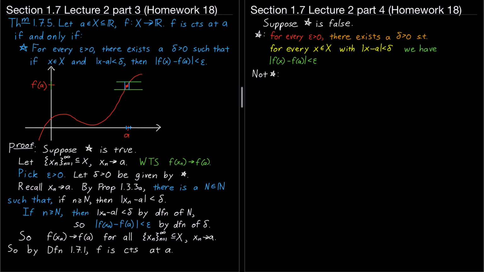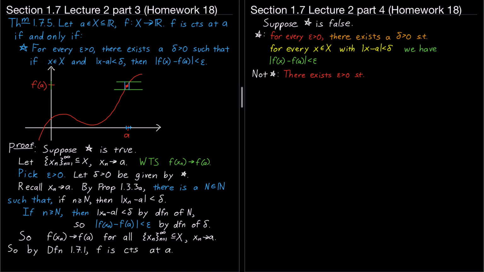So for star to be false, star says something is true for every epsilon greater than 0. So for star to be wrong, we just need there to be one positive number epsilon such that the rest of it is false. Now the rest of it says there is a delta such that something is true.